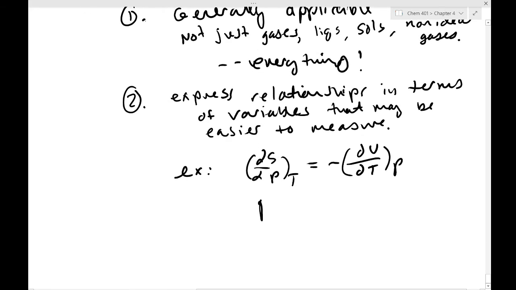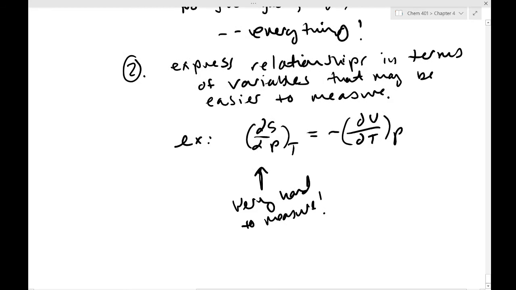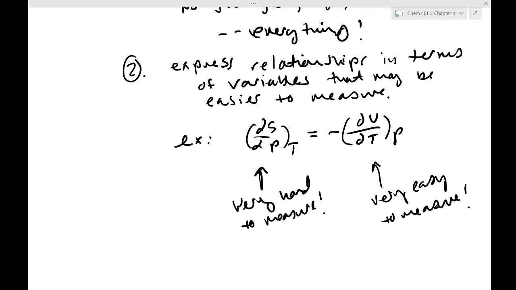Okay, this side is very hard to measure. It's very hard to measure the entropy of a system. It can be done, but it's very hard. Whereas this side is very easy to measure. The volume and the temperature are both very easy to measure in a laboratory setting.